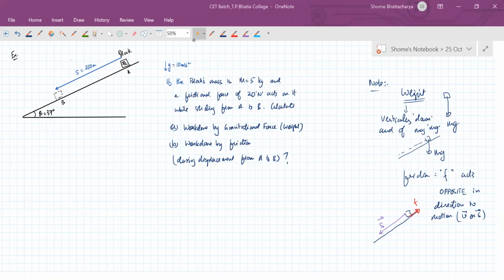You have to calculate work done by gravitational force. Force's magnitude is 50, but what about the work done?